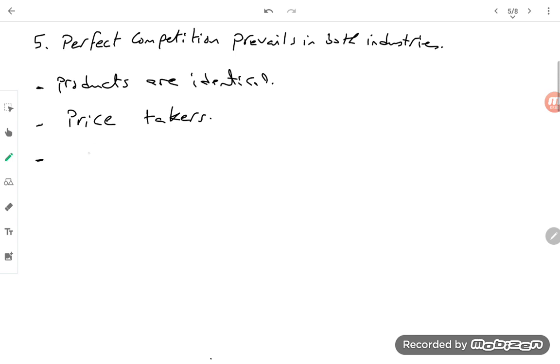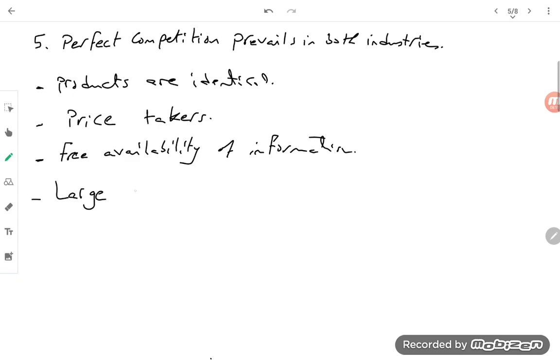Products are identical, price takers, free availability of information, large number of sellers and buyers.